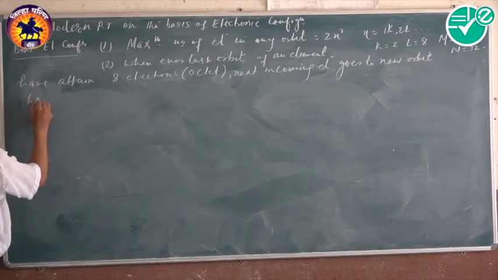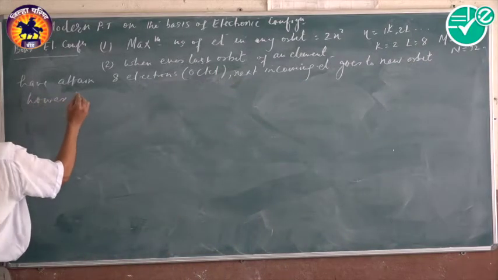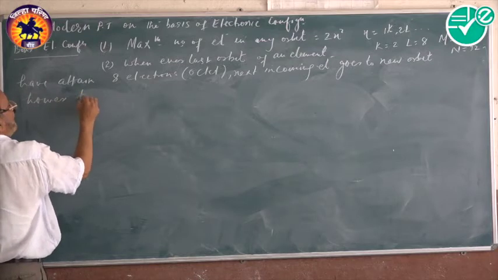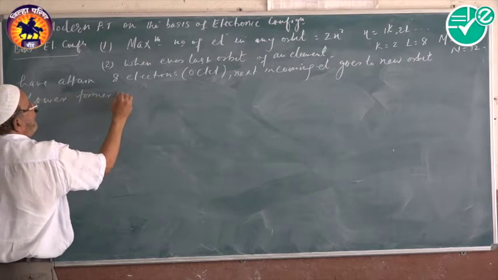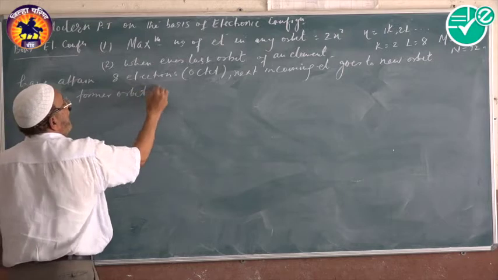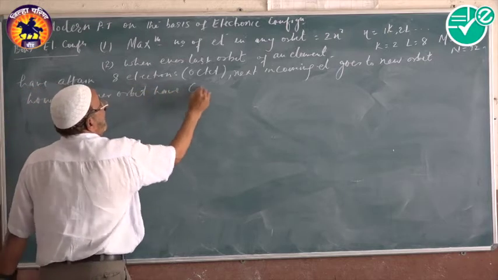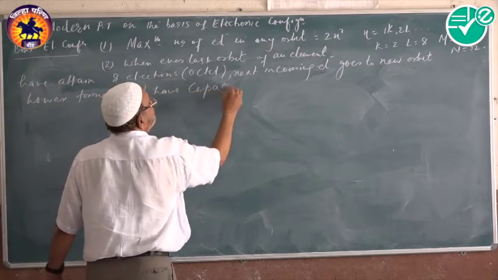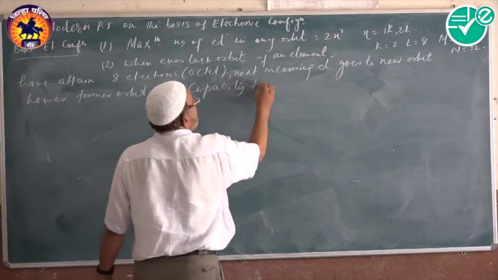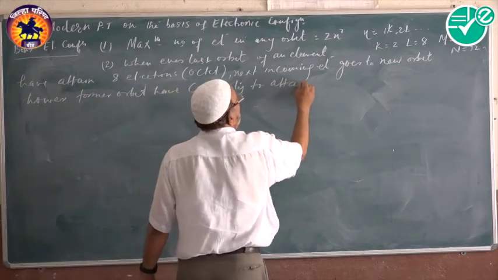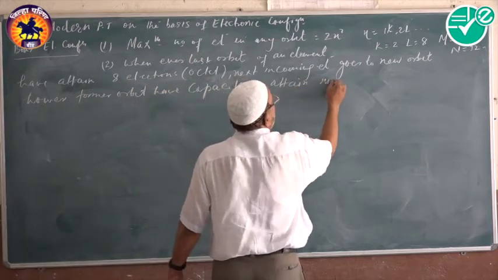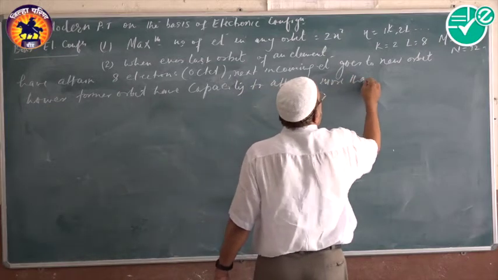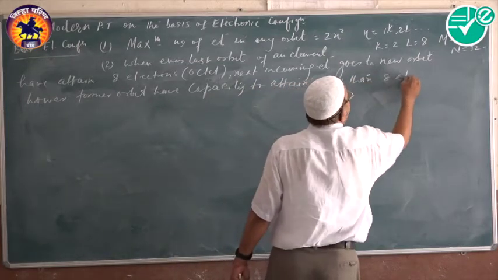However, the former orbit had the capacity to attain more than 8 electrons.